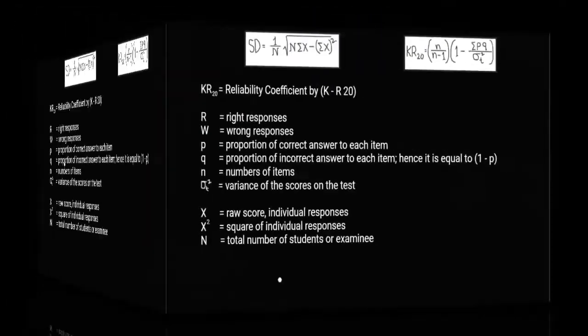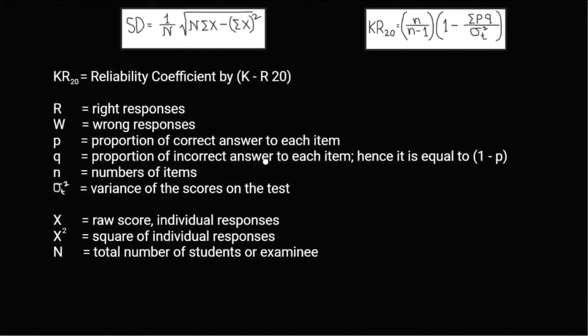Okay, the next step is to calculate Q. Then what is Q? Q is the proportion of incorrect answers to each item.